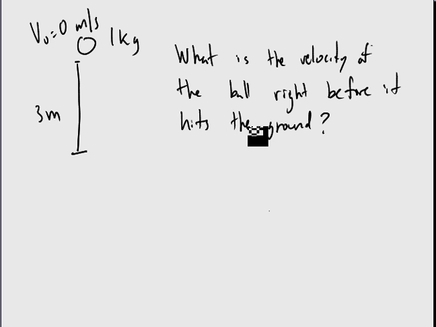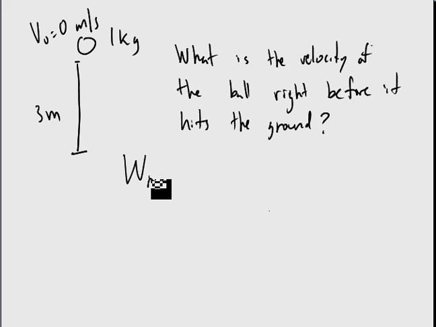And from a mechanics standpoint, this isn't actually that hard of a question to answer, right? Because we would just need to figure out the time it takes for it to fall and then multiply that by the acceleration, and that would give us the final velocity. But thinking about it in terms of energy gives us a slightly different and perhaps more powerful way to look at it.